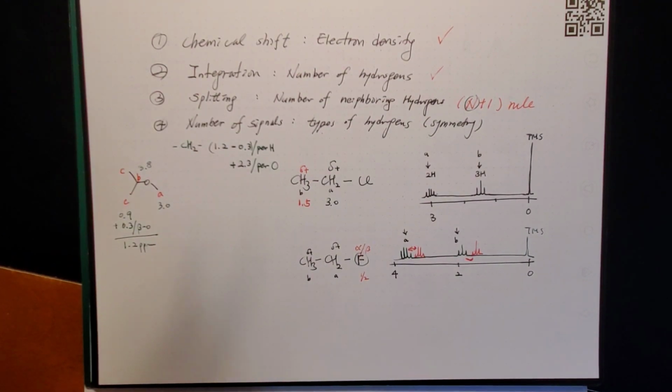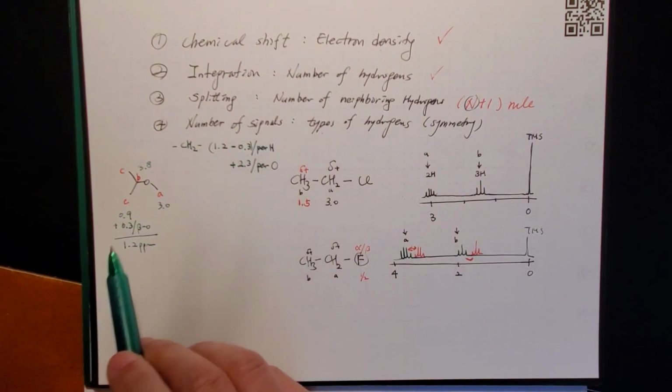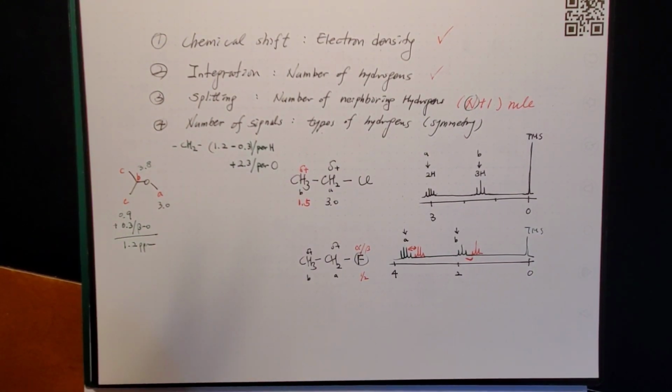Like I said, chlorine, bromine, their influence on the beta hydrogen is much greater than that of the oxygen and the fluorine. So oxygen and the fluorine is about 0.3, 0.4.